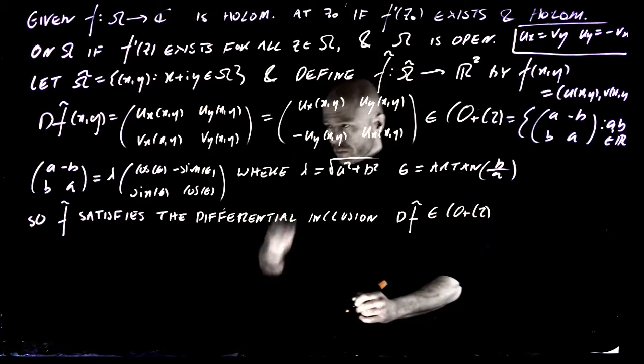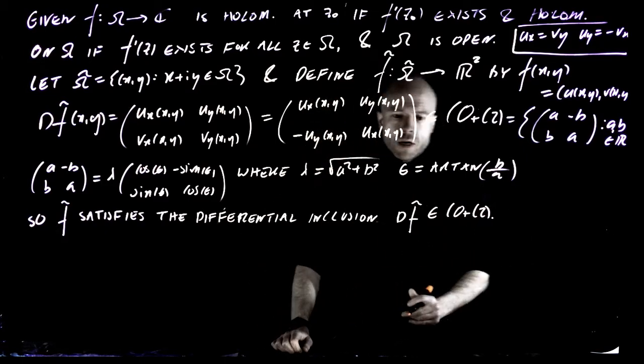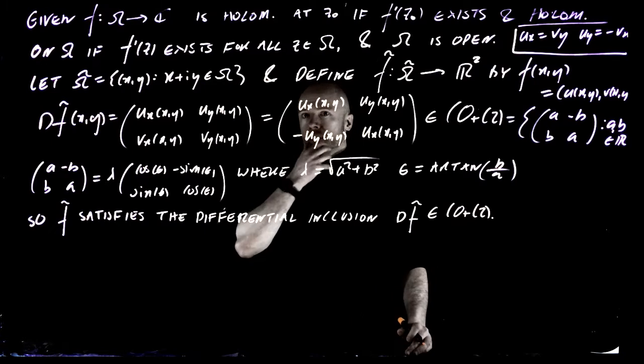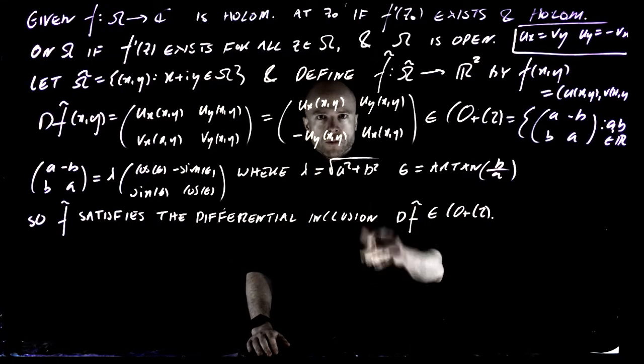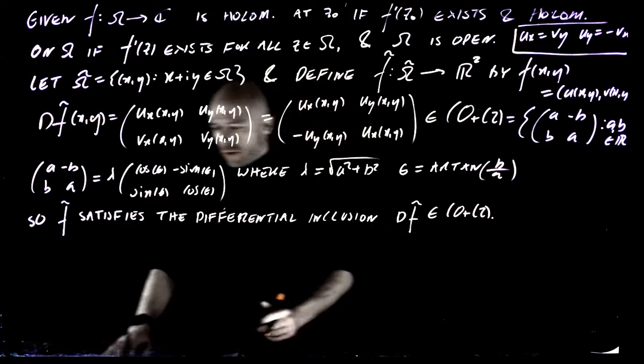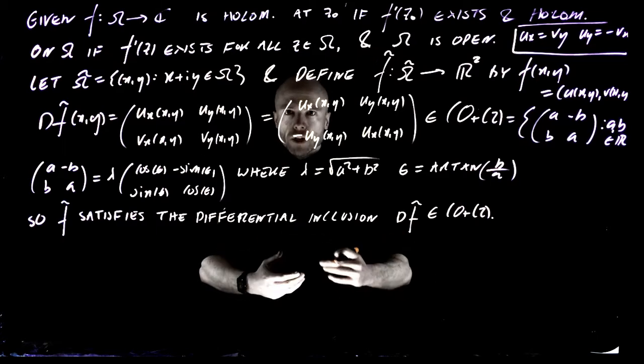Yeah? Cool. So that has a lot of meaning. That has a lot of consequences for what F tilde can possibly be, because what is the point of differentiability? Differentiability tells us about the local structure of the function, right?